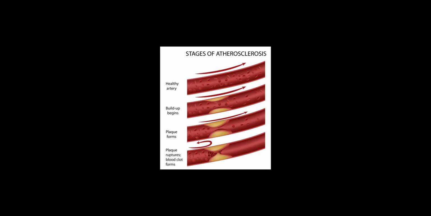This is called atherosclerosis. It occurs in stages. It's not an overnight issue. In a healthy artery, gradually these materials get deposited and buildup begins. At some stage the buildup rises in the form of a projection into the lumen, that is called plaque. And whenever this plaque ruptures, it can cause clot formation, and clot can literally block the artery and stop the blood supply.